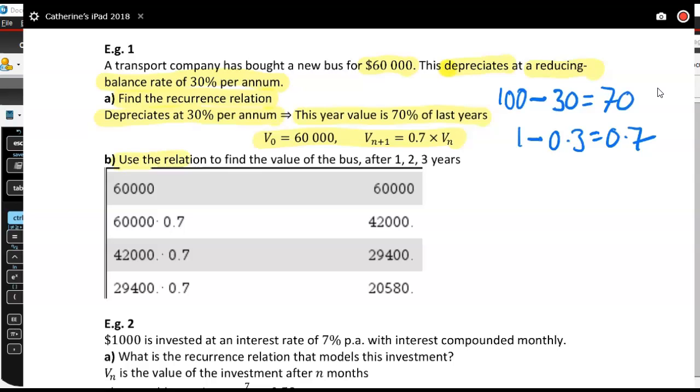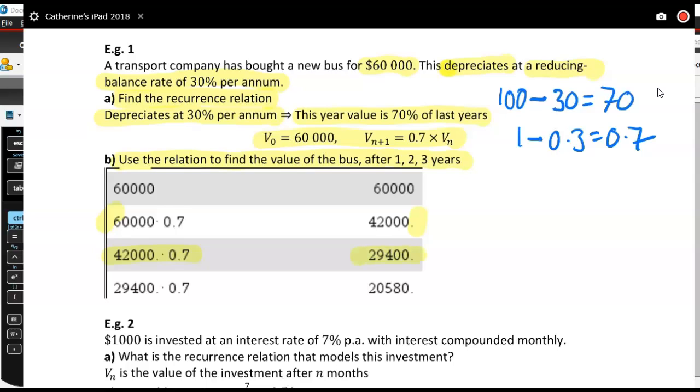Okay, use this relation to find the value of the bus after 1, 2, and 3 years. So after 1 year, it's going to be worth $42,000. 70% of 60,000 is 42,000. Then, for the next year, I apply that 70% to the 42,000.